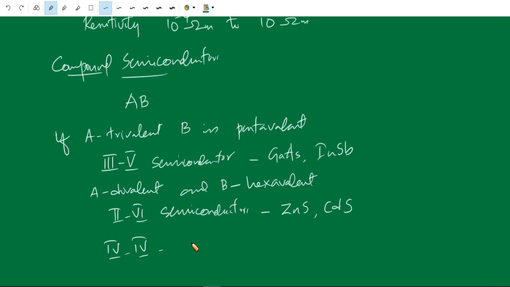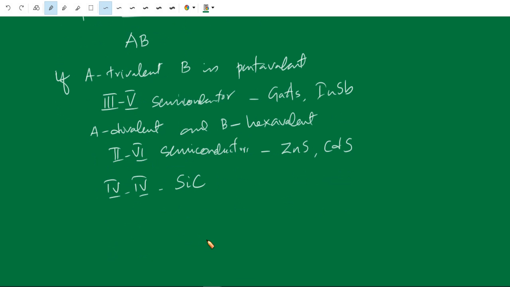An example is SiC, silicon carbide. So these are the compound semiconductors, and these are pure semiconductors.